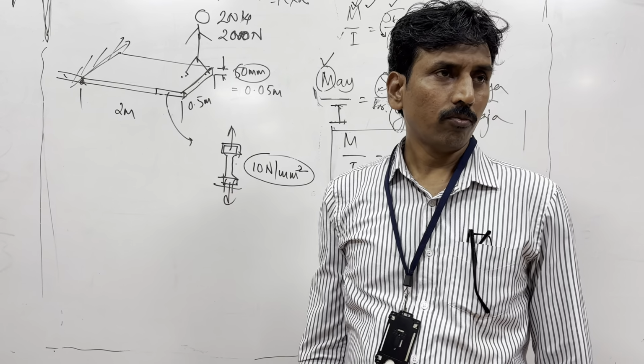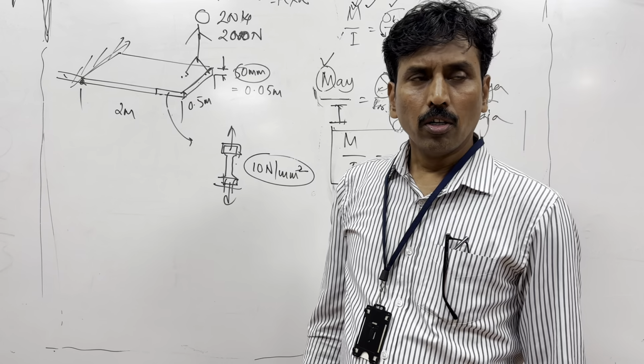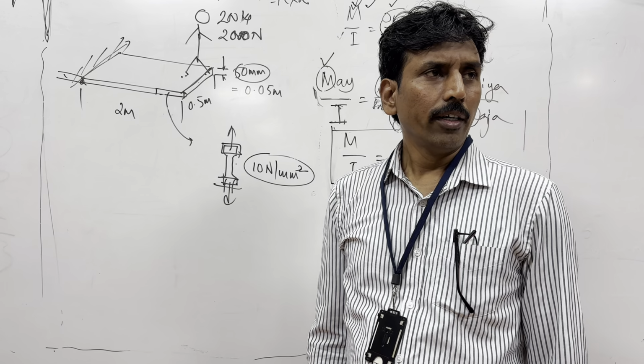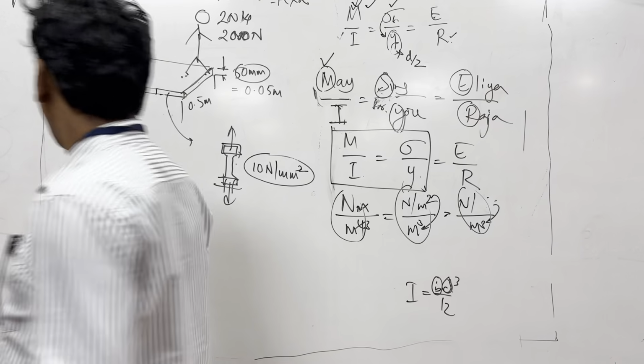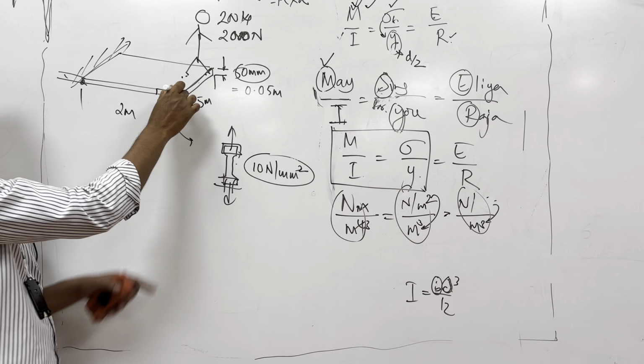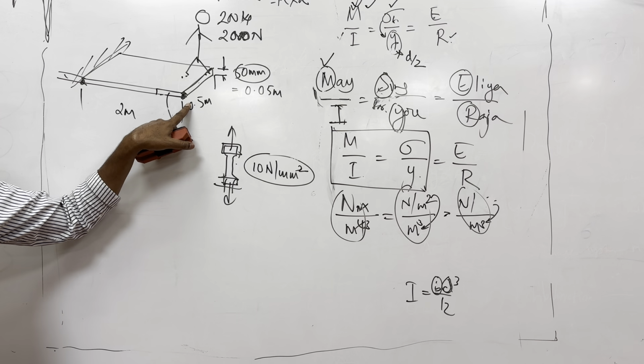Now guys, everybody knows by common sense, if this is going to break, how many will agree that because of the weight, this board is going to fail at this point? Please raise your hands.